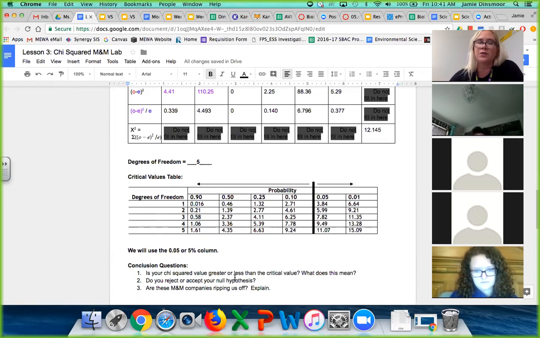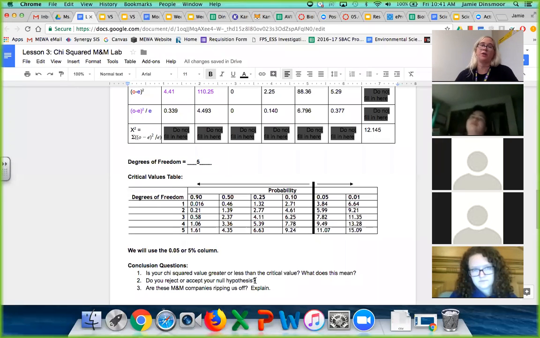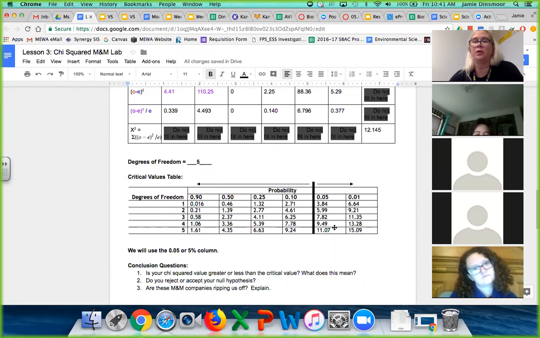So, rejecting or accepting our null hypothesis: who would accept their null hypothesis? People with a value lower or higher? Lower, right? Remember, our null hypothesis said there's no difference. So if you got a value lower than 11.07, you're going to accept your null hypothesis.